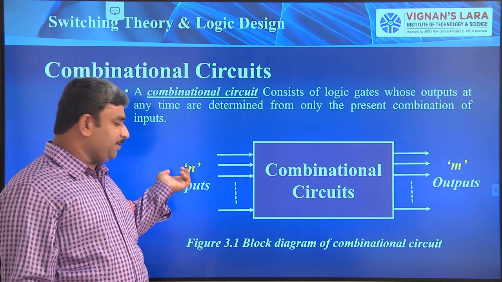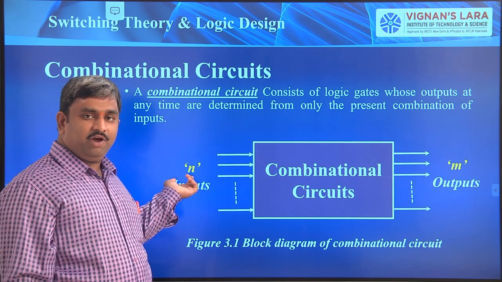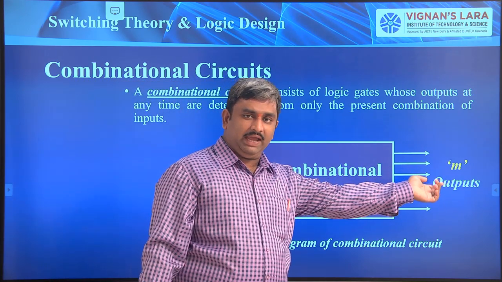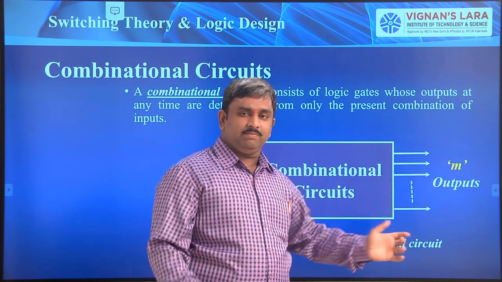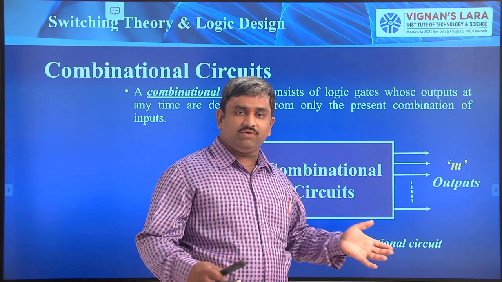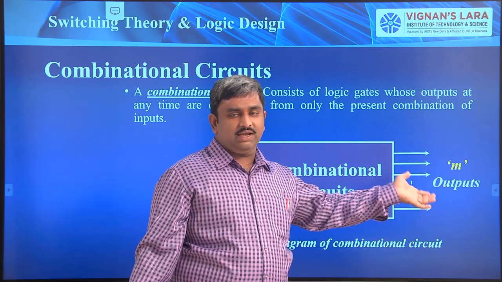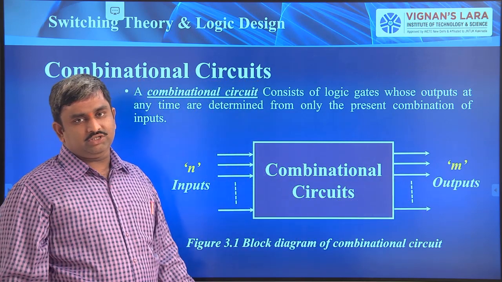The inputs I am representing with small n: n number of inputs are available for the combinational circuit. And coming to m, m is the count of the outputs. I am saying that m number of outputs are available for this combinational circuit.